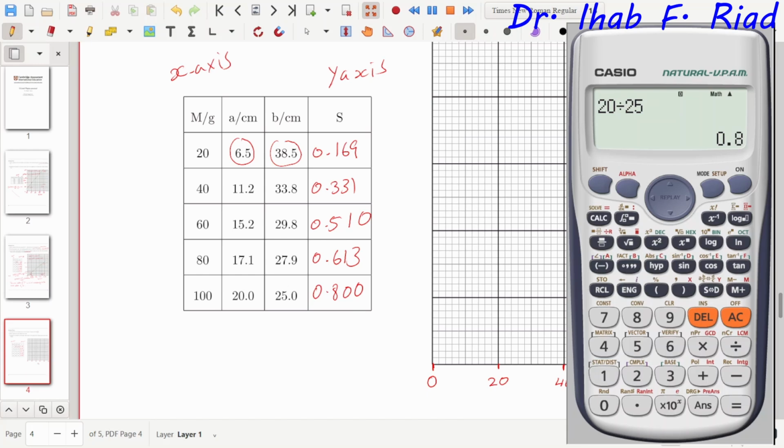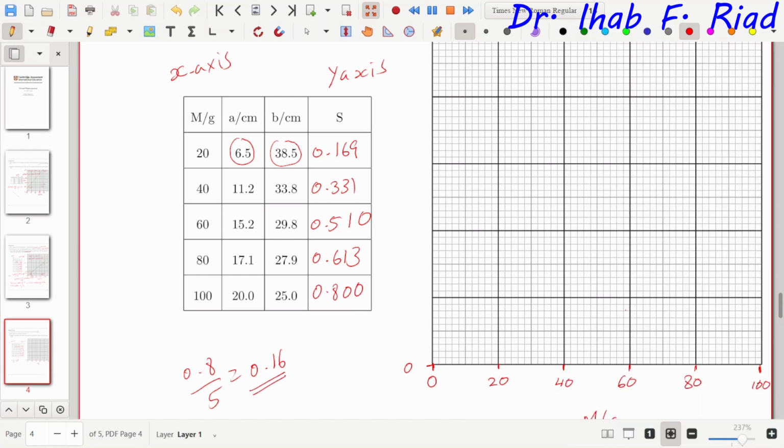We have 0.16 and 0.18, so we are also going to go from 0. We have 0.8 divide 5 squares, which is 0.16. 0.16 is not a good choice of a scale.